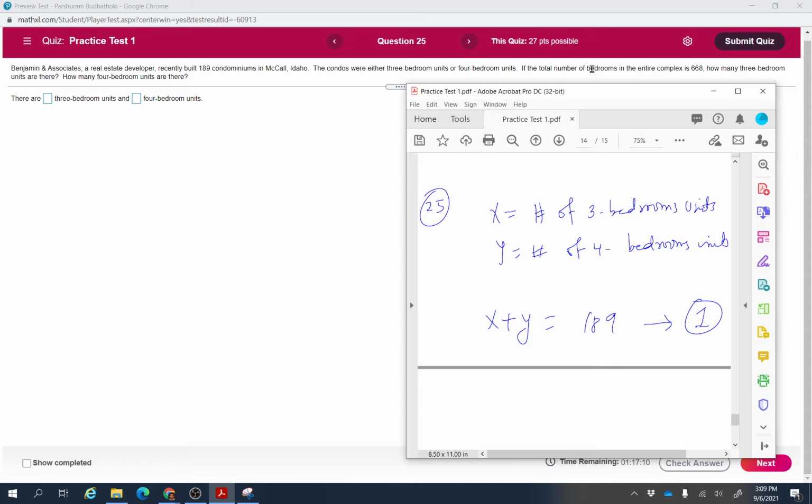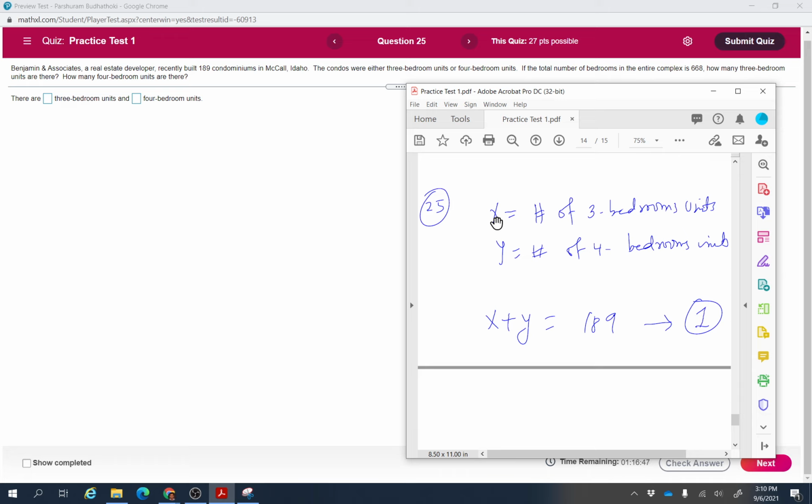The total number of bedrooms is 668. We know that in 3-bedroom units there are 3 bedrooms, and in 4-bedroom units there are 4 bedrooms. So 3 times x plus 4 times y, because to find out how many total bedrooms there are, you multiply 3 by x.